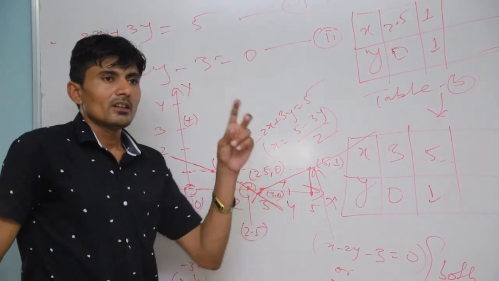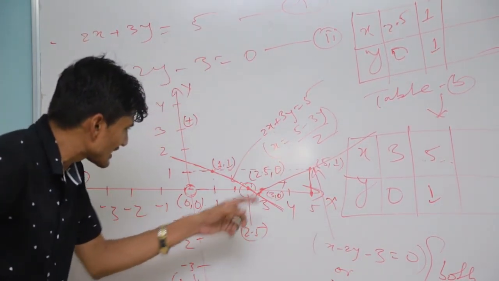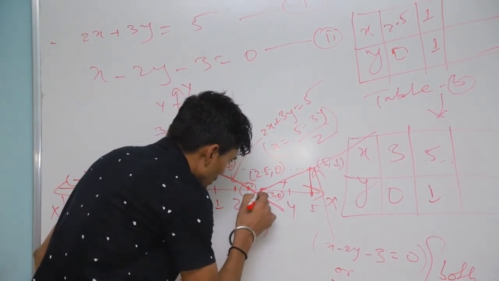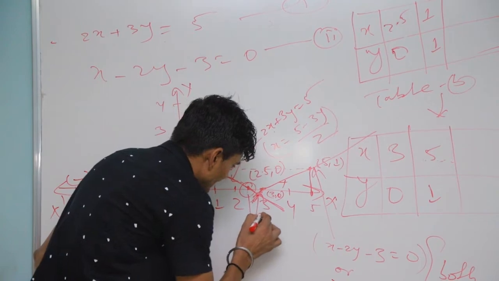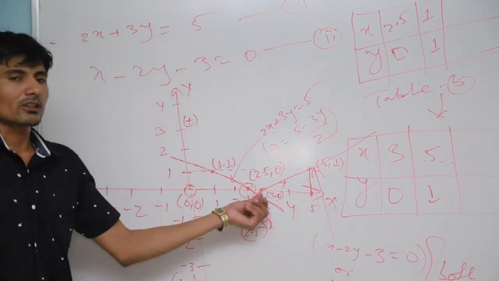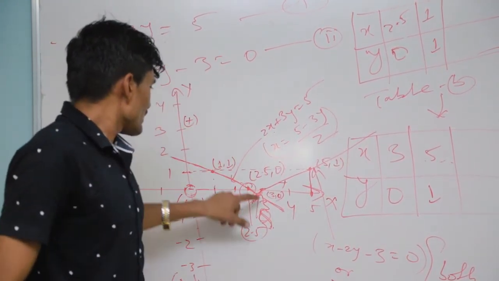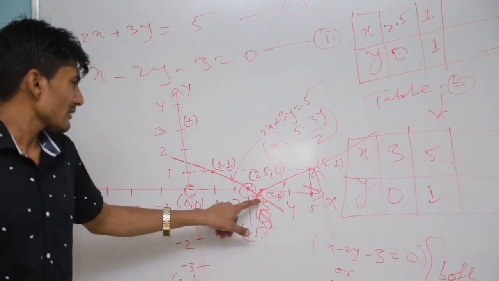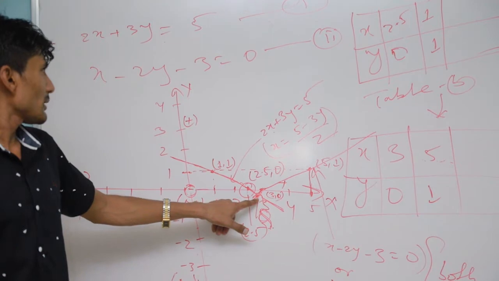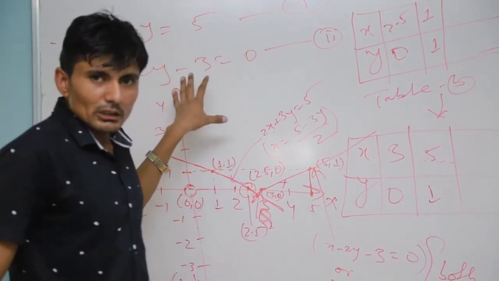If there is only one point where the two curves intersect each other, that is this point, the capital Q, then this point will be the common solution for both equations. Whatever the coordinate of the point Q is, that coordinate will be the solution of that pair of linear equations.